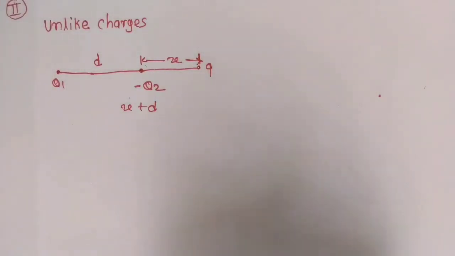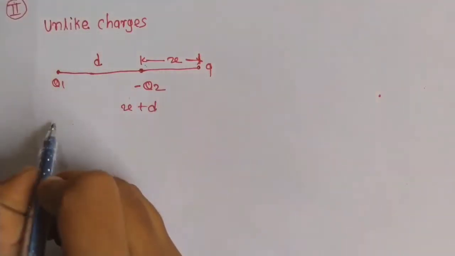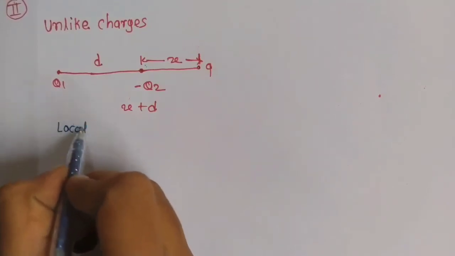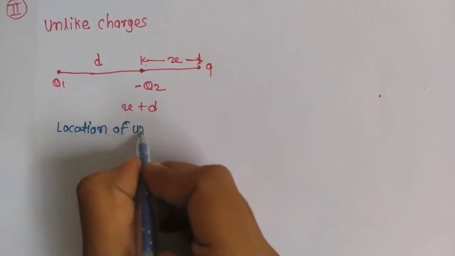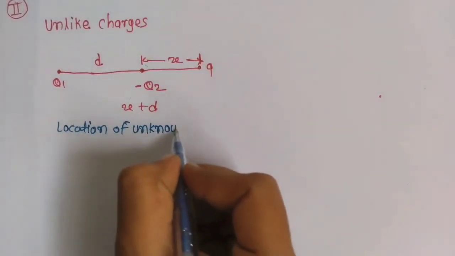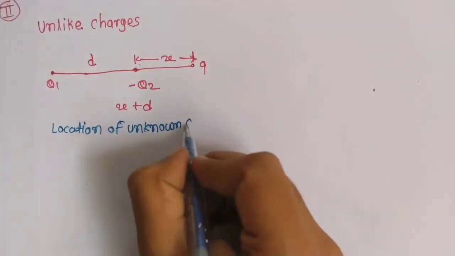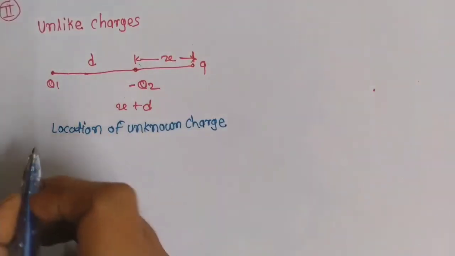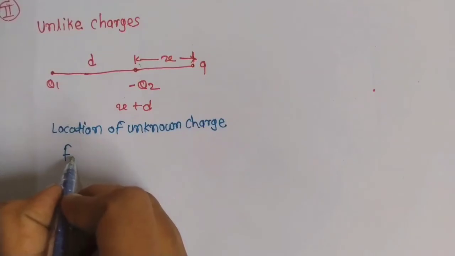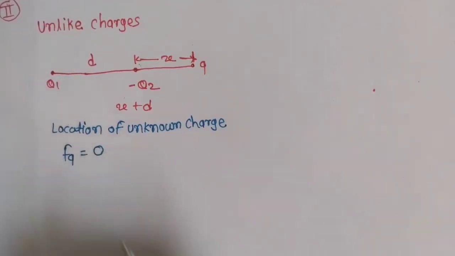First we find the location of the unknown charge. For that we consider the net force on the unknown charge to be equal to 0.